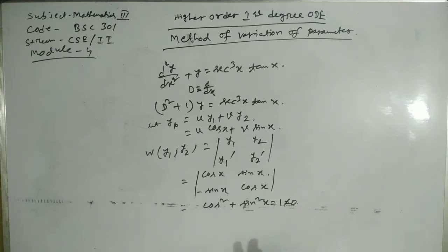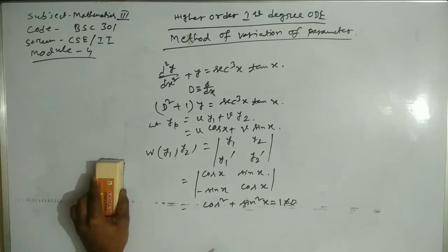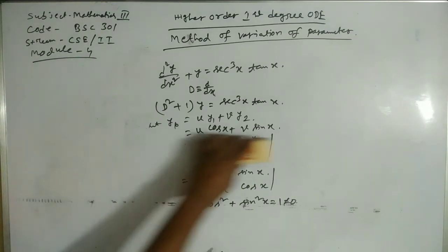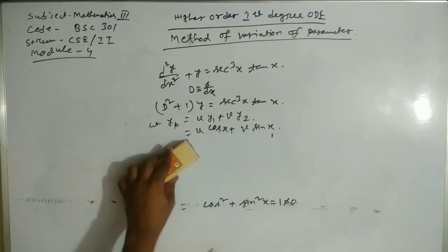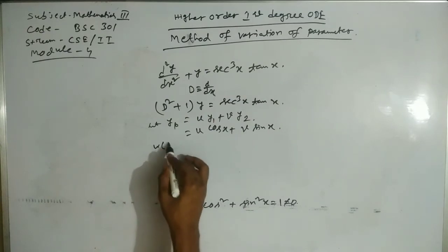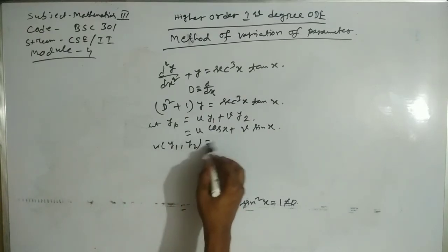Now we will find u and v. We got the Wronskian w of y1 and y2 equal to 1.